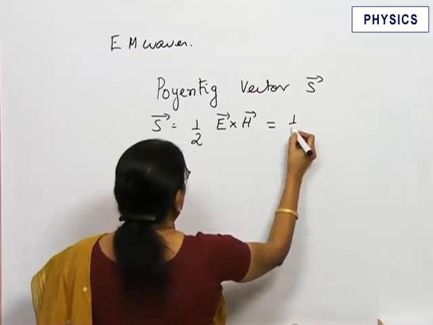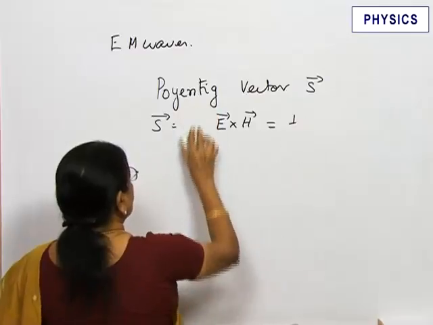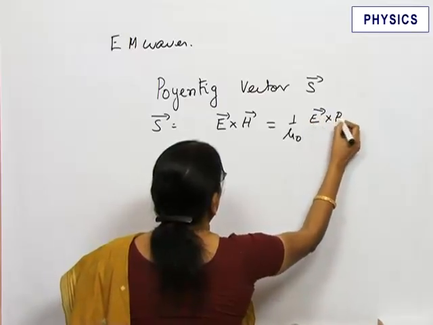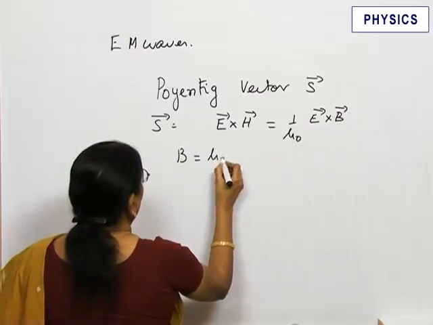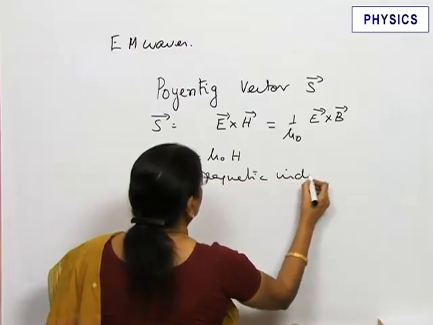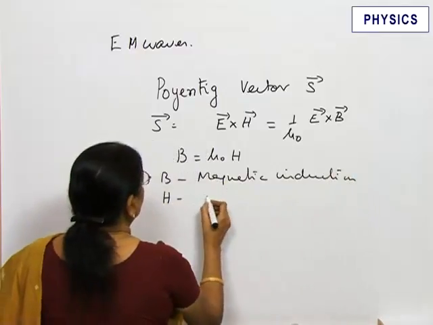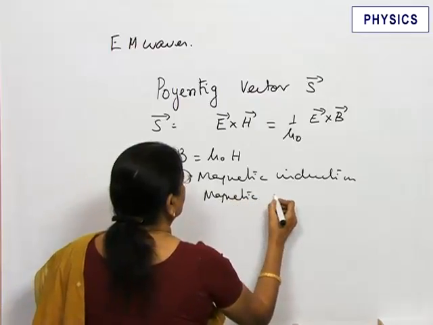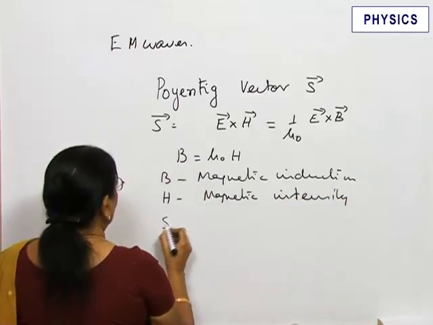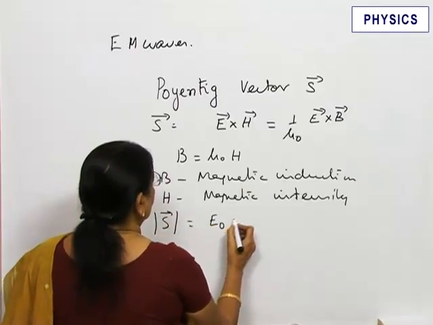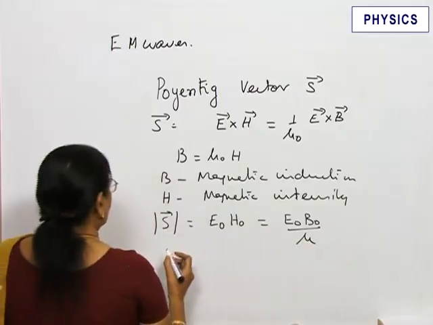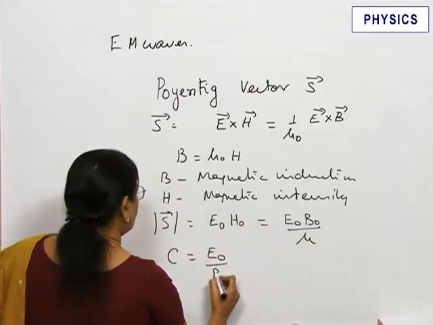In terms of magnetic induction, it will be 1 by mu naught E cross B, because we know B equals mu naught H. So B is magnetic induction, and H is the magnetic intensity or intensity of the magnetic field. The modulus of this Poynting vector equals E naught H naught, or E naught B naught by mu naught. The speed of light is given by E naught by B naught.